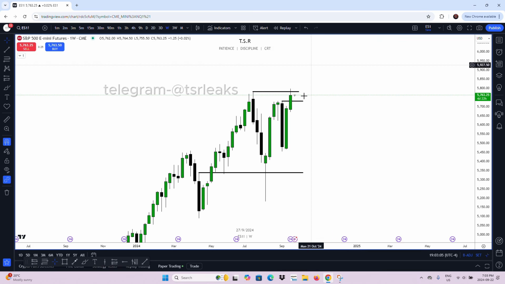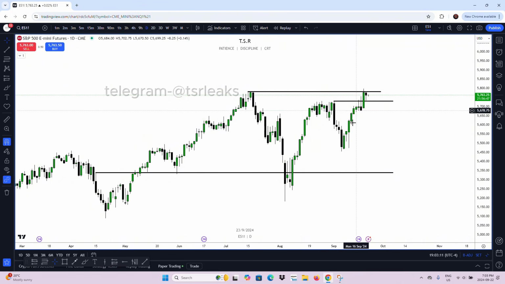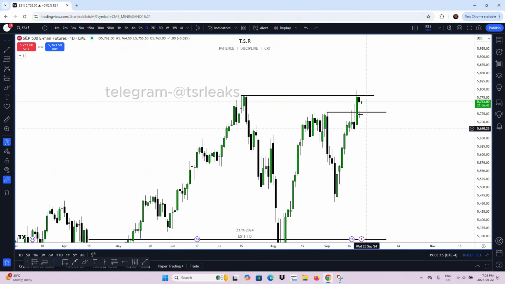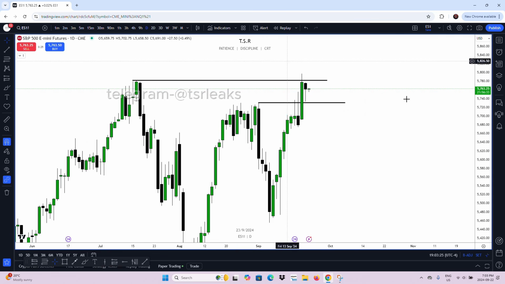However, after expanding into a key level, dropping down to a daily time frame, you can see this is an expansion into a key level. What do you expect to happen? You expect price to reverse or to retrace, both leading to the downside. So what is your job tomorrow?